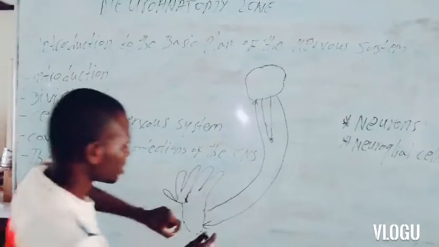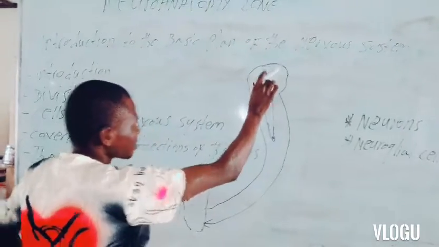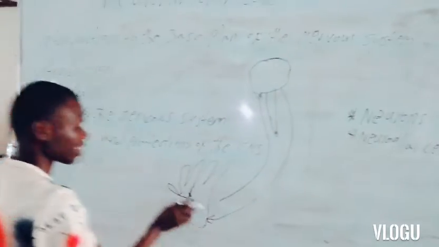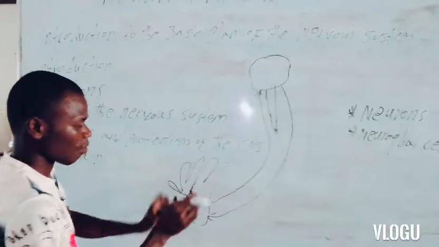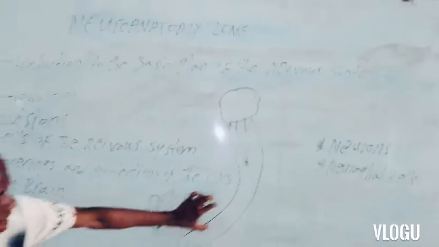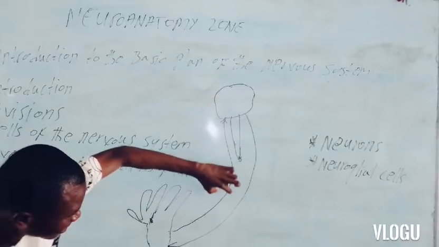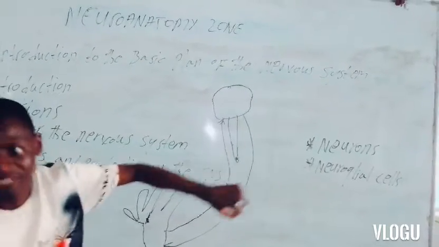Now, both the signals going from the hand to the central nervous system and from the central nervous system to the hand are what we are referring to as the peripheral nervous system. So we have the sensory signals and the motor signals.